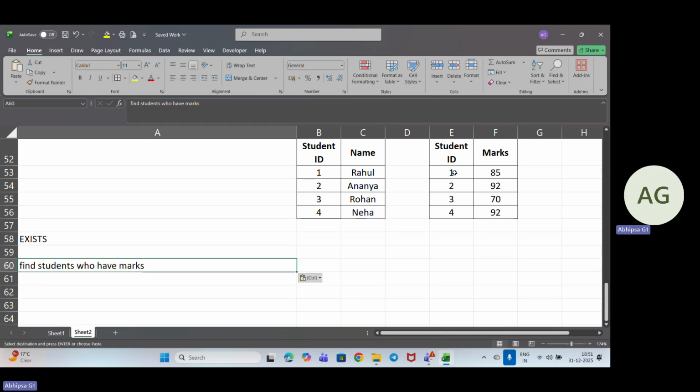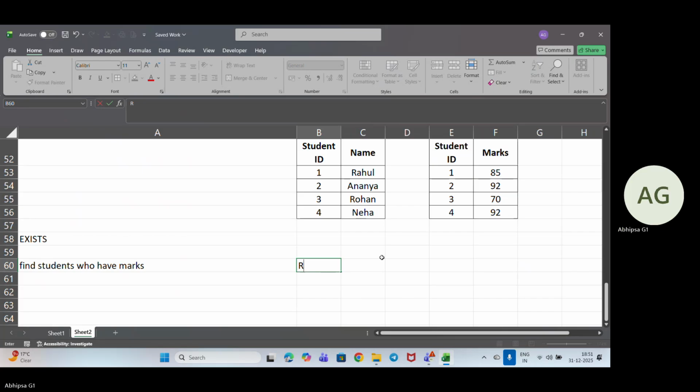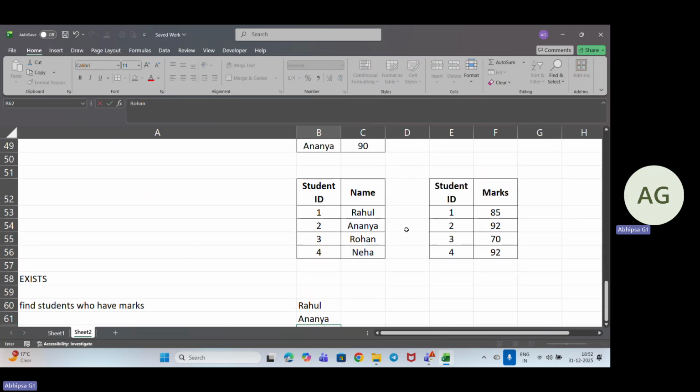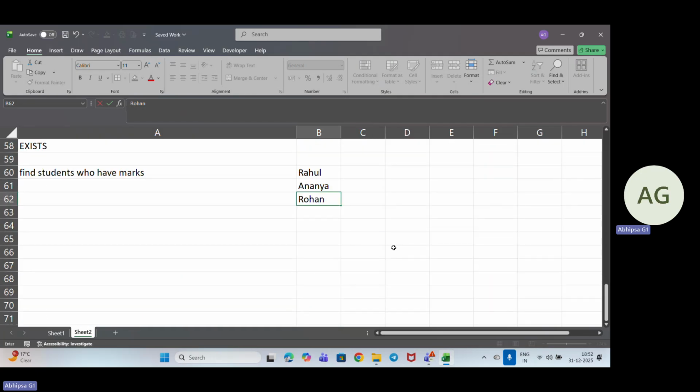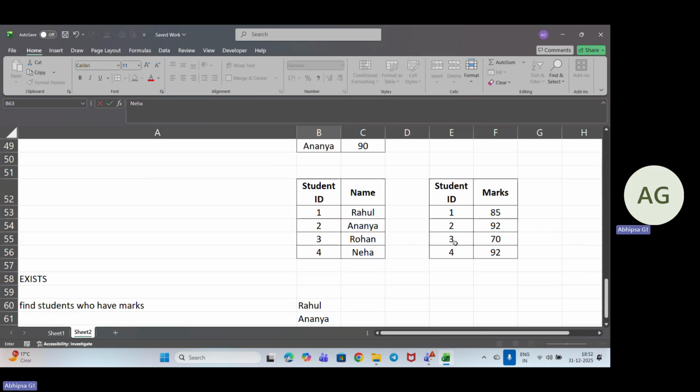So for this EXISTS, the result that I will be getting would be Rahul, Ananya, and Rohan. I will be getting the marks of Rohan, and also the marks of Neha, because for all of them we have got a value.